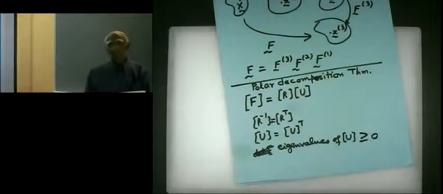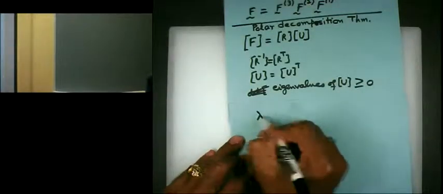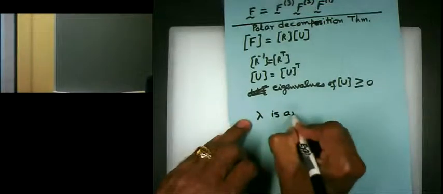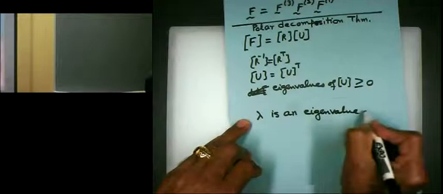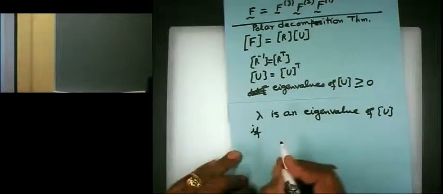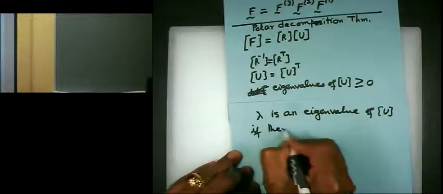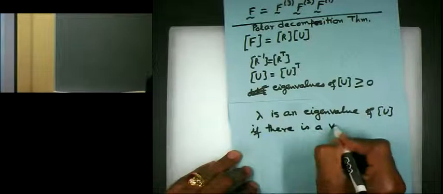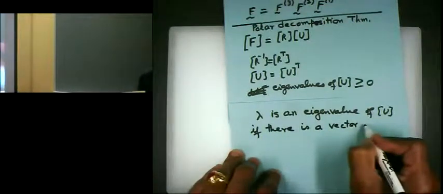So what is the eigenvalue of a matrix? Lambda is an eigenvalue of U if there's a vector, say what would you like to denote a vector by?